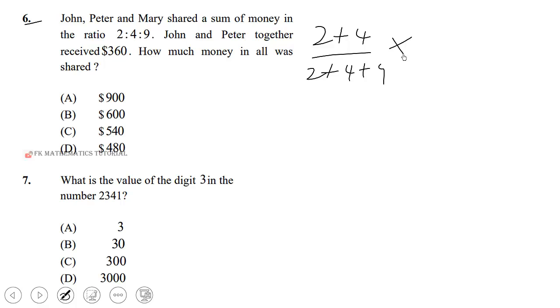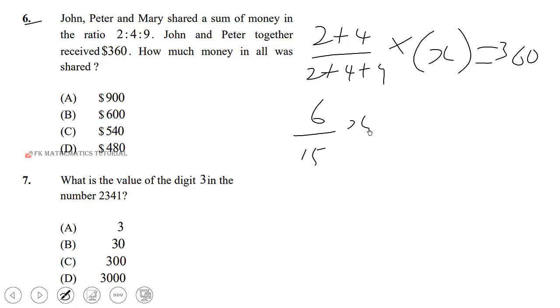So times an amount that is shared, we don't know, let it be X. Then the result is giving us $360. So 2 plus 4 is 6 over 15 times a certain amount is giving us $360. So we have to simplify this. 3 will go here 2 times, 3 will go here 5 times.